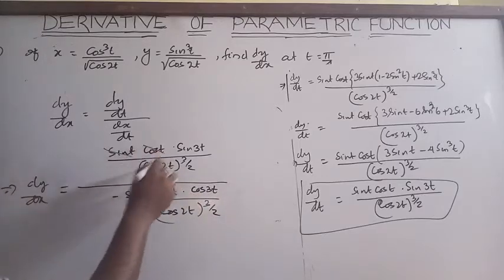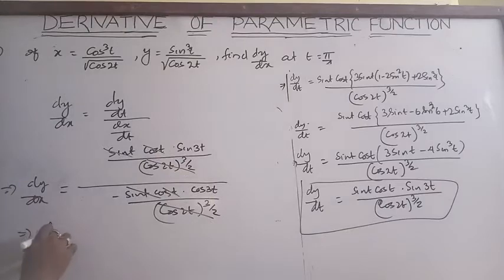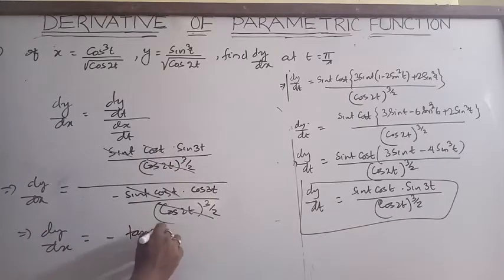So this cancels and this cancels. Now dy by dx is equal to minus tan 3t.